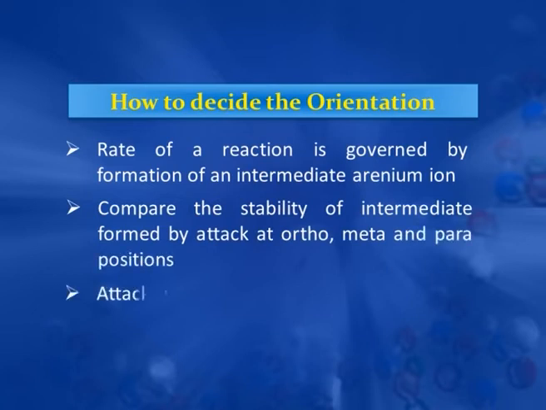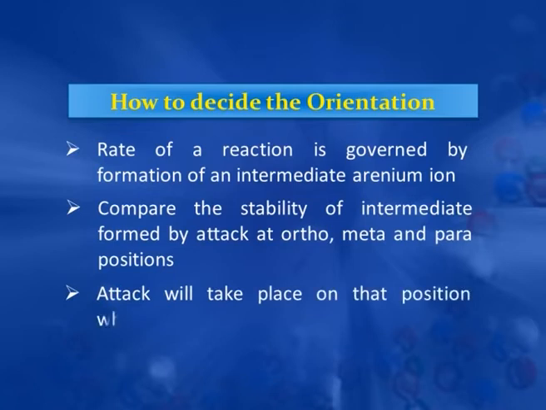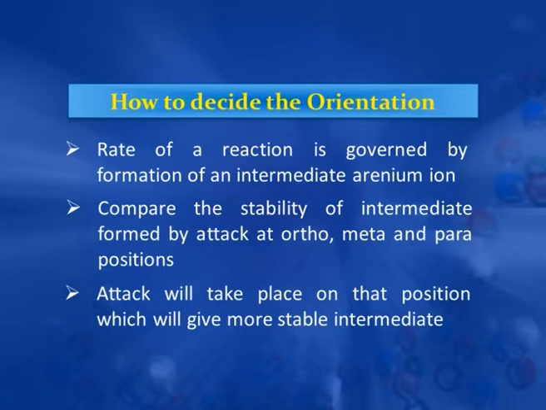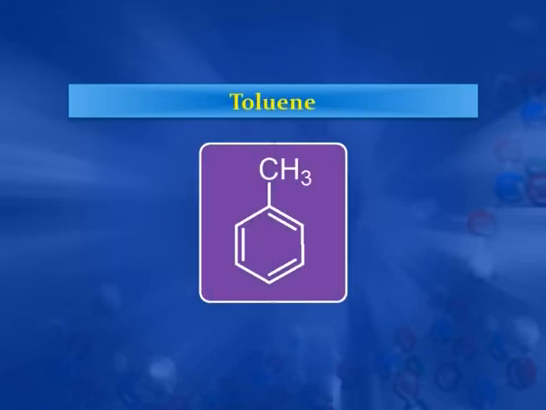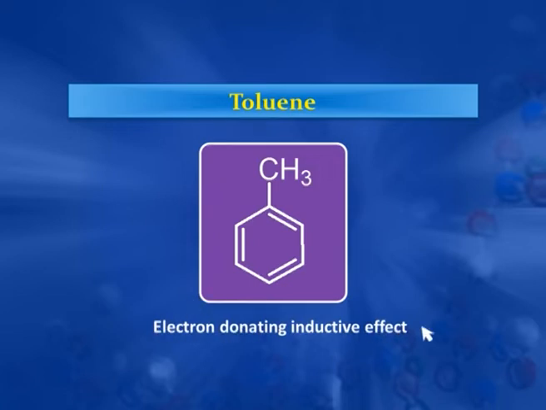So, finally, the attack will take place on that position which will give the more stable intermediate, that is arenium ion or sigma complex. Now, we discuss the cases. First case we discuss is toluene. This is the methyl substituent which is present on the benzene ring, and CH3 has an electron donating inductive effect.